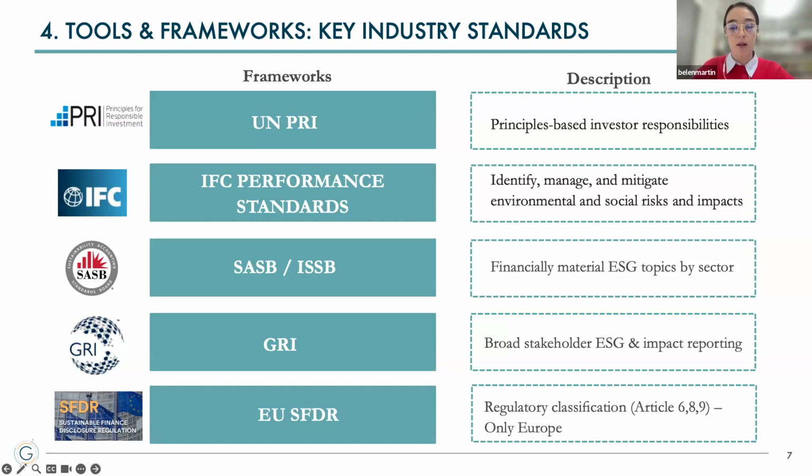So this refers to products that do not promote ESG characteristics, but an Article 6 must disclose how sustainability risks are considered, or clearly explain which ones are included and which ones are not. So ESG is not a defining feature for this type of product, but it should be included. It's not part of the investment objective, but it requires disclosing this ESG risk. In contrast, Article 8 promotes ESG characteristics, and Article 9 is what we call the impact fund, that goes beyond ESG on generating additional positive value for society and the planet.